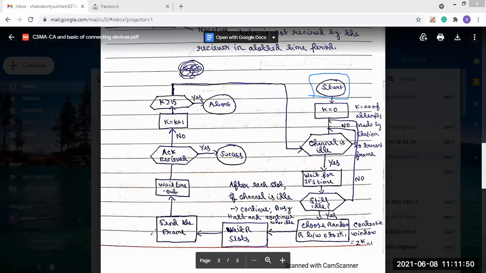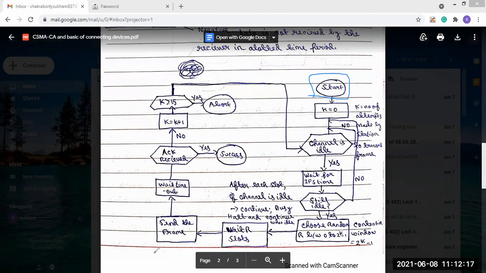Now, the main process is when the sender is sending the frame. When the frames are sent from station A, that means station A is the sender. There will be another station which is receiving that frame, so that station will be the receiver. What we know is that the sender will send the frames one by one to the receiver, and the receiver will send the acknowledgement.